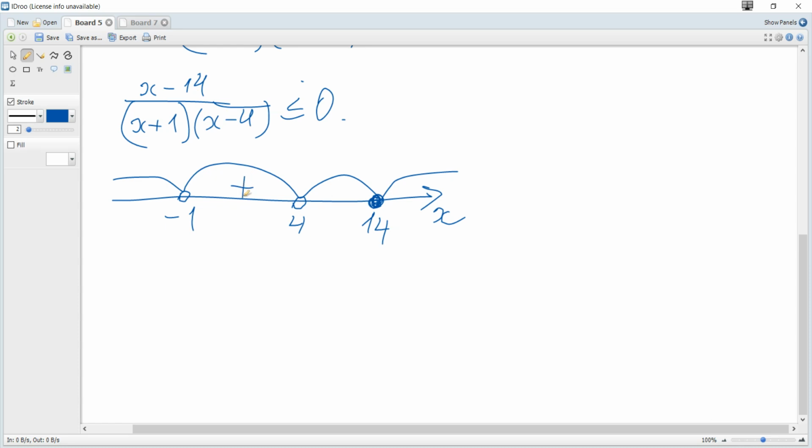And when we get polynomial over polynomial, the sign alternates, and we get plus minus plus minus, or you can similarly check the sign. For example, for this region you can consider negative million: negative, negative, negative, so it's negative, so it's minus.